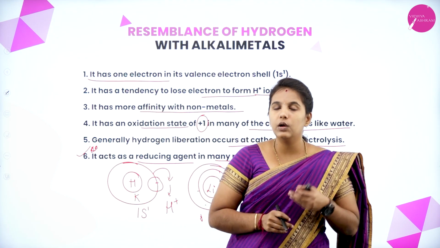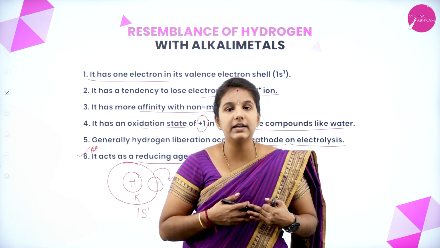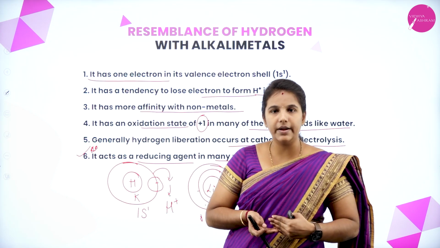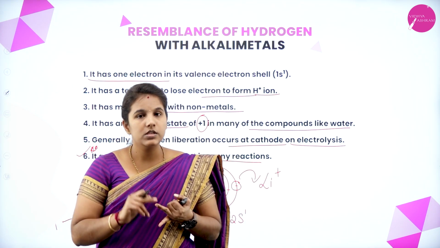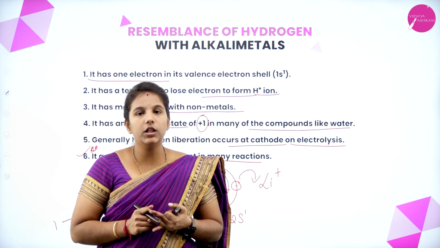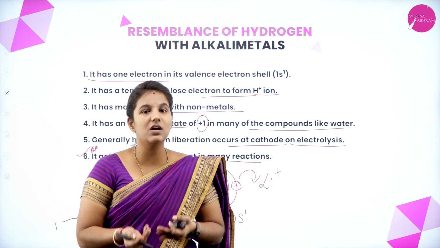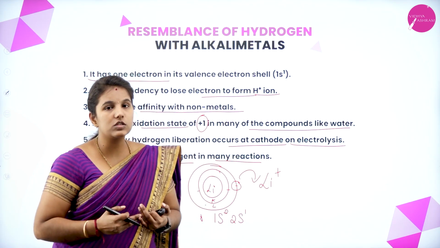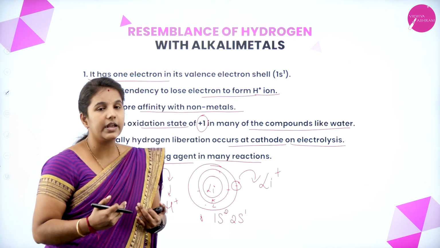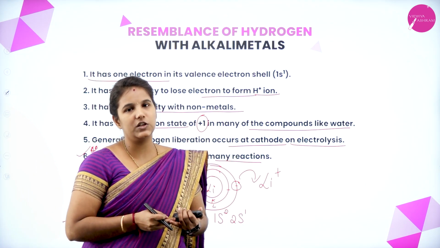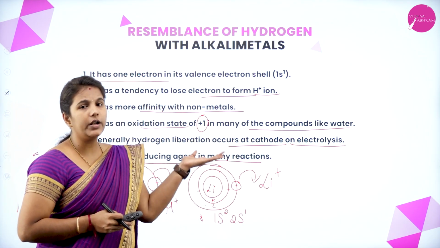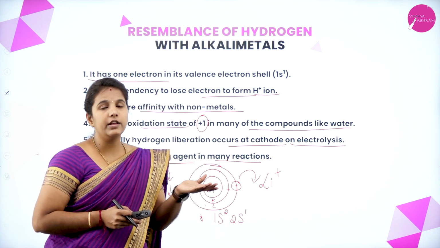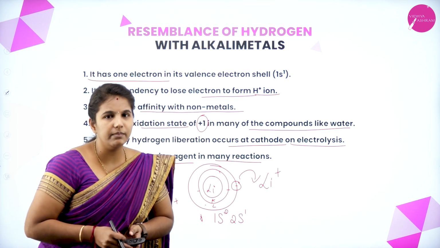Already we know why hydrogen acts as a reducing agent. We also know that alkali metals, lithium, sodium, potassium, are also used as very good reducing agents, and hydrogen also acts like a very good reducing agent in many reactions. These are the important characteristics of the alkali metals and hydrogen and their resemblance.